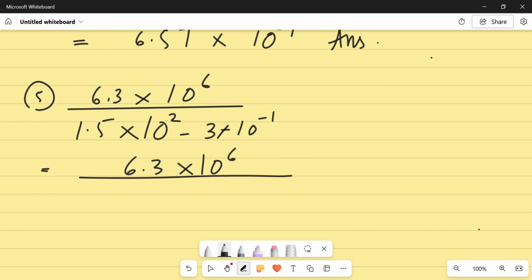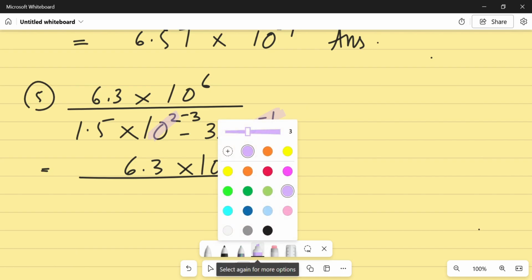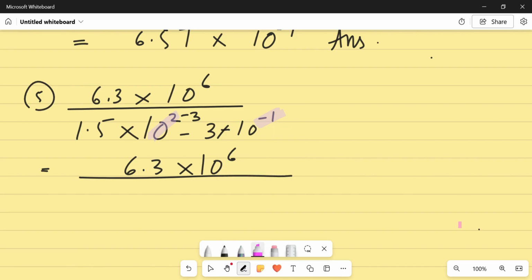So how are you going to make this minus 1? Talking about this one, right? So we can do minus 3, right? When we do minus 3 here, you will automatically get minus 1.